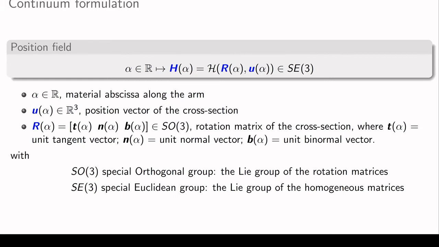It is well known that it is formed by a position vector, which defines the position of the cross-section, and the rotation matrix, whose columns are the unit tangent vector, the unit normal, and the unit binormal vectors.